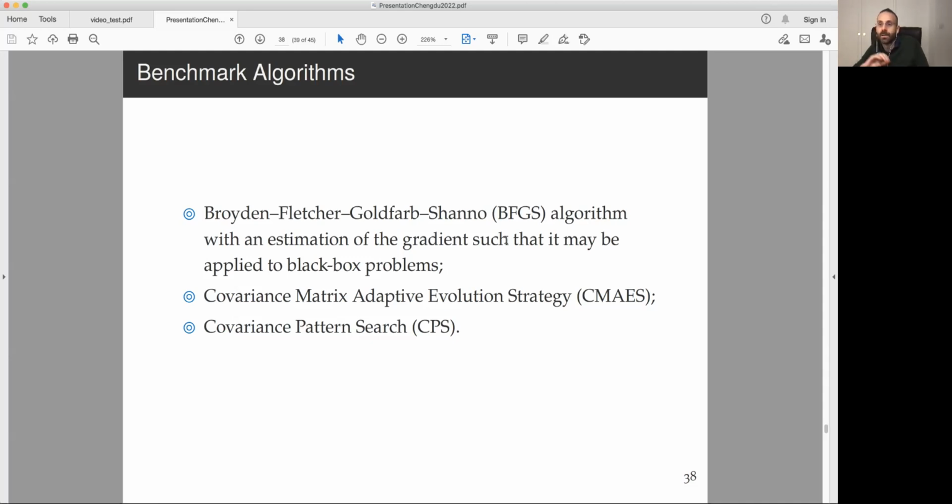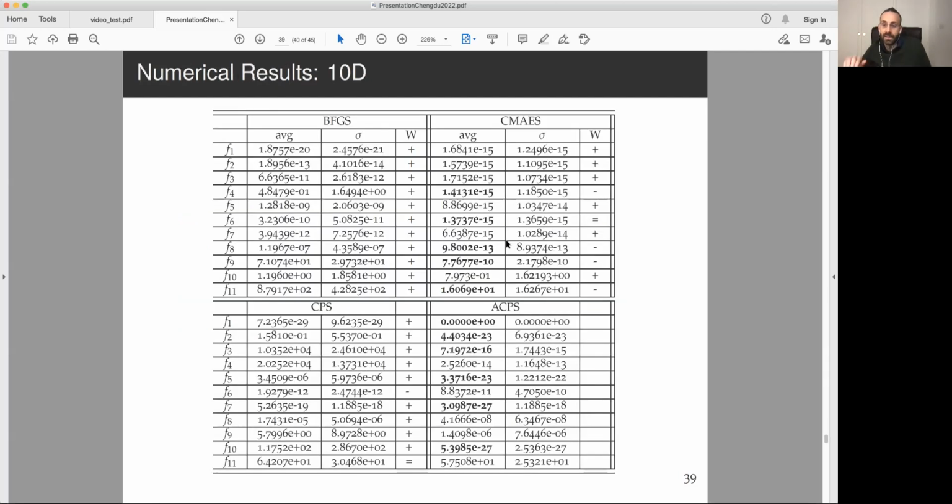It also has a covariance matrix, but it's not the same covariance matrix. And it also has some adaptation, and it's probably one of the very best algorithms for continuous problems. It's now a 20-year-old algorithm, but still it's very hard to beat, at least for some problems.